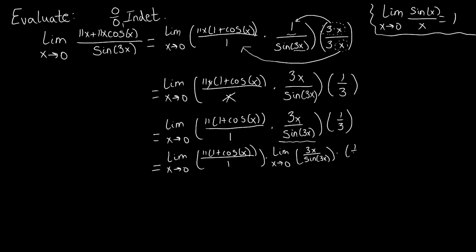We said that this evaluates to be 1 by using the special trig limit that we have. We bring down the constant multiple of 1/3, and we also said that this evaluates to be 22: 11 times 1 plus cosine of 0, 1 plus 1 is 2, 11 times 2 is 22. So now we get the limit here, this limit, and this limit. We multiply them together to obtain the limit of our original function, which works out to be 22 over 3.